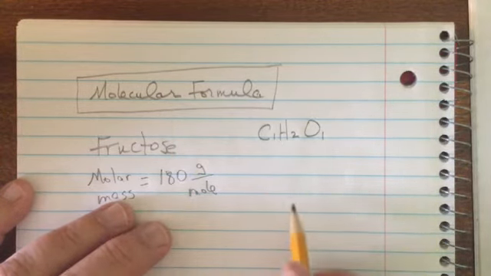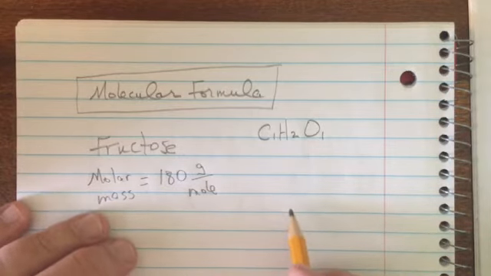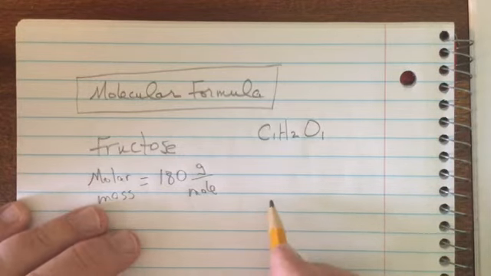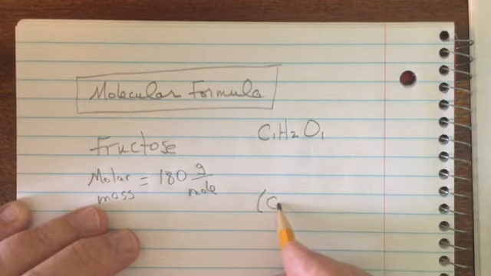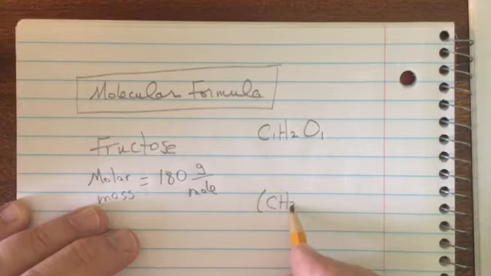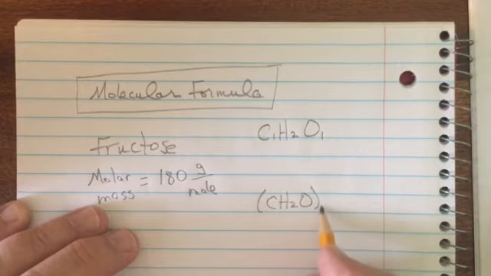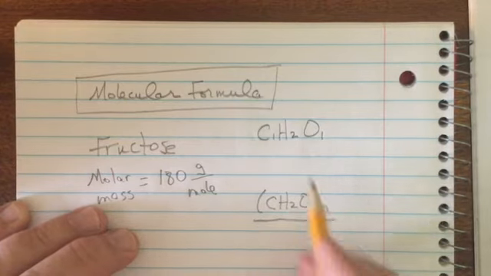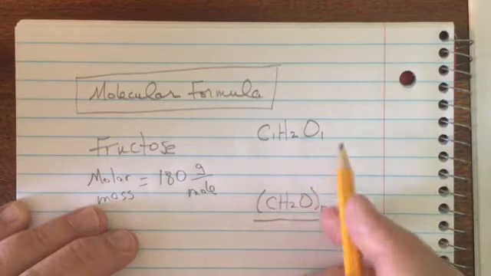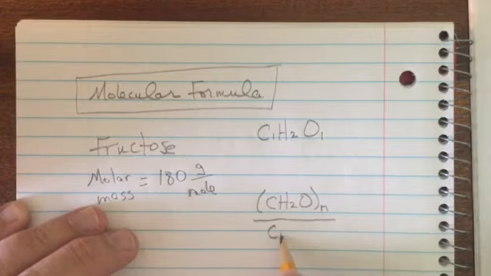Well, what we need to do is calculate what's called a multiplier, which is the formula of fructose, which is going to be a multiple, and we'll use N to represent that, divided by what the molar mass is of the empirical formula, C1H2O1.